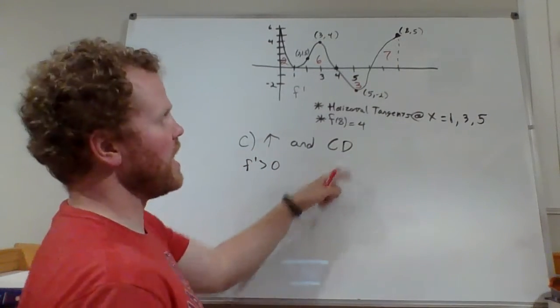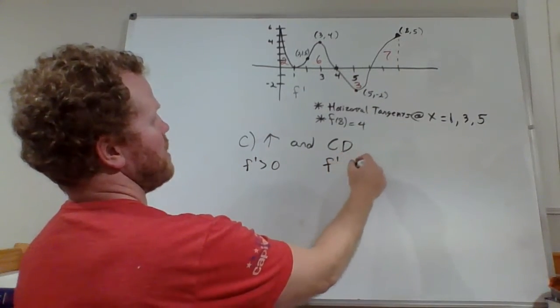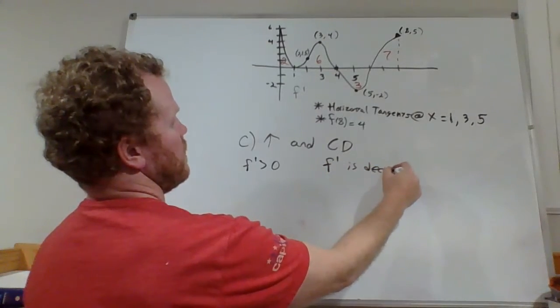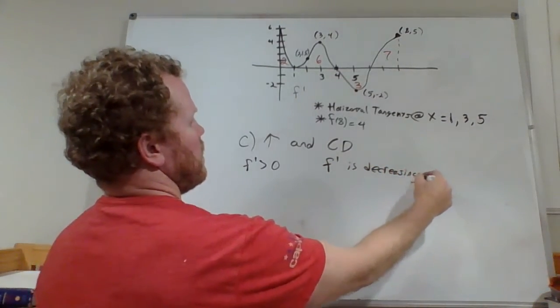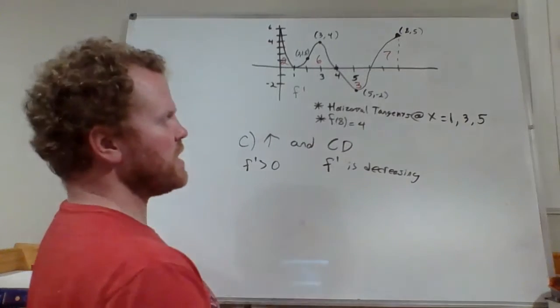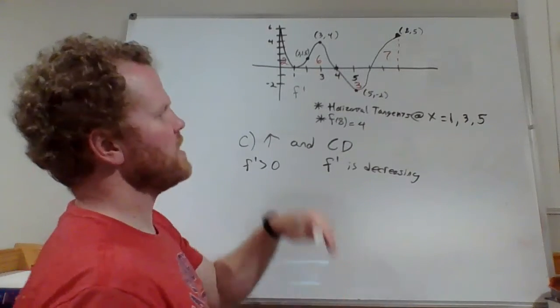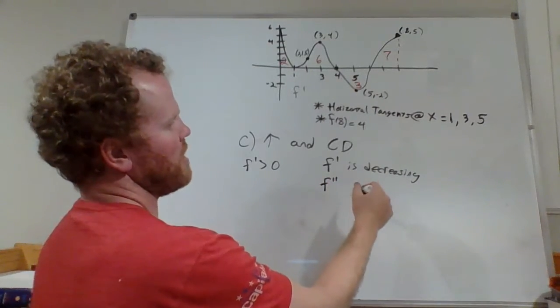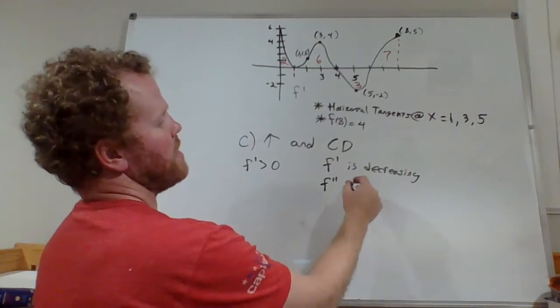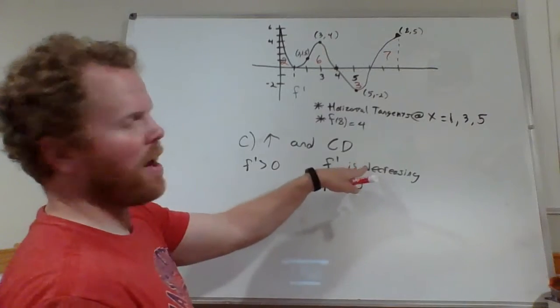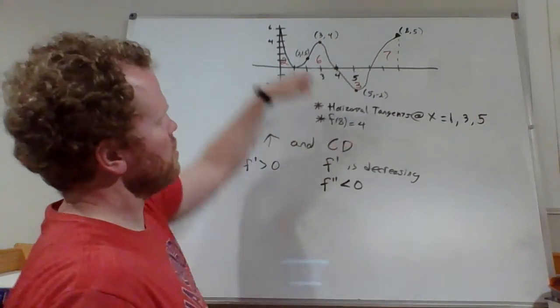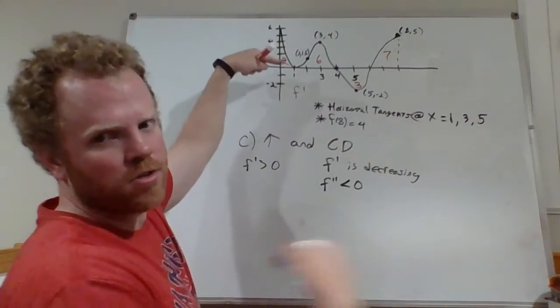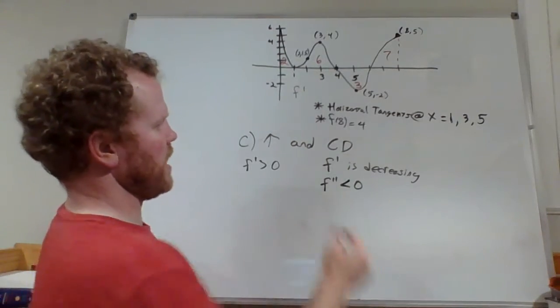And if you're concave down, f prime is decreasing. If something's derivative is negative, then that thing's going to be decreasing. Ultimately, f double prime is going to be less than 0 when f prime is decreasing. So if this thing is decreasing, I know its derivative will be negative. Its derivative is the second derivative.